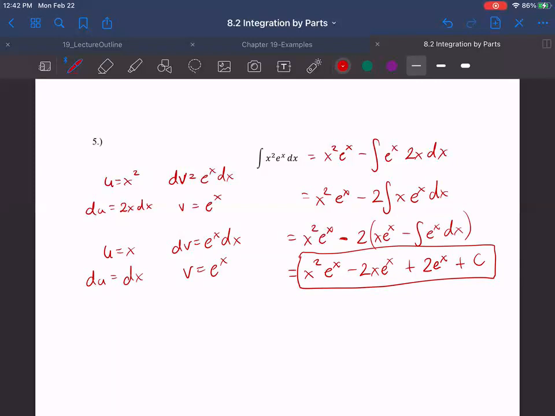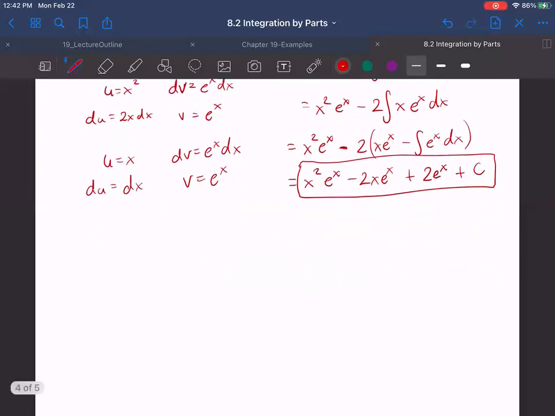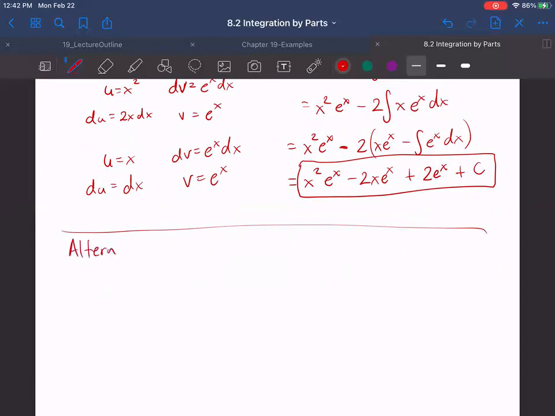I'm sure you'd find some sort of pattern, but we have an alternative method here. We'll take a look at this. Whenever we're doing that kind of thing, we have an alternative, kind of a shortcutty method to this called the tabular method.